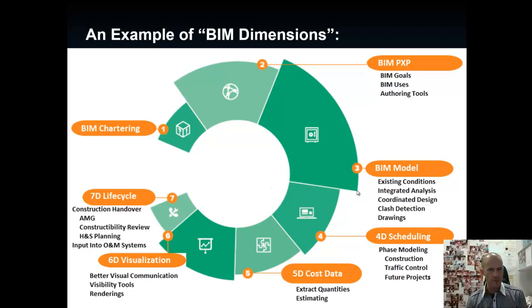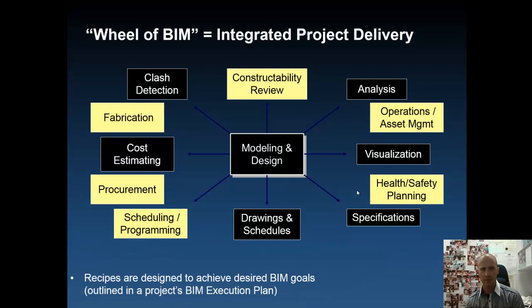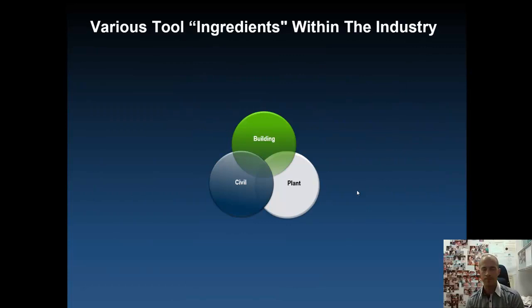I can author information, I want to take that information out, and I want to harness it and leverage it for something downstream. We have various BIM goals. BIM execution plans essentially outline which one of these goals we're going to achieve and to what level of detail throughout the various life cycle of a project: design, construction, operation.